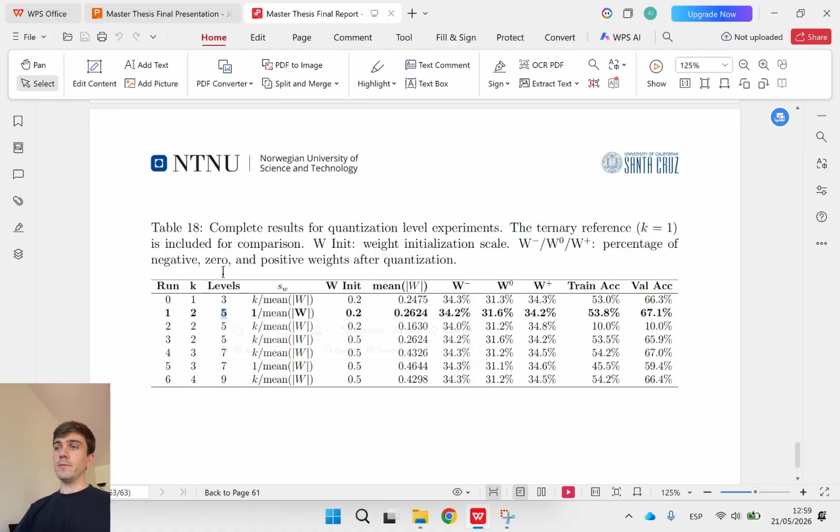So this means that instead of having -1, 0, and 1 ternary weights, you have something like -1, -0.5, 0, 0.5, and 1. Yeah, if that makes sense.